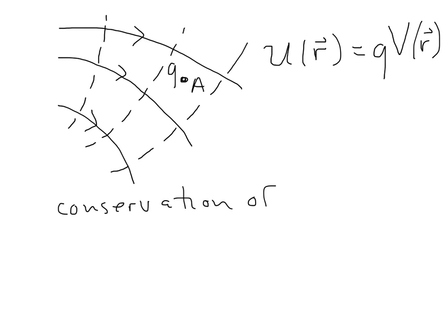So let's think about how conservation of energy can be applied to the situation where that particle moves, let's say, from point A to another point, let's say point B, and it moves following some path over here to point B. Now it's not an electric field line, that's just the path of motion of the particle.